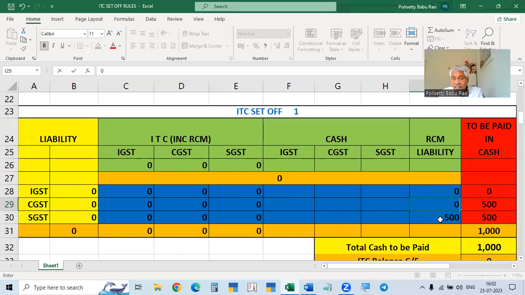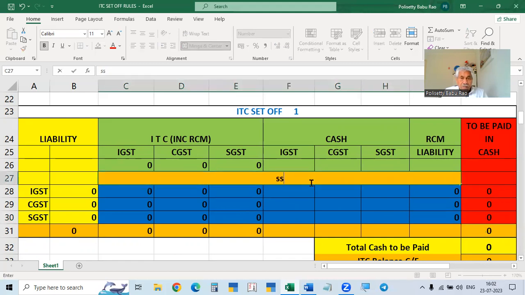And one more thing is here. After completely, we have to make the adjustment, the set off. So completely it is to be adjusted.